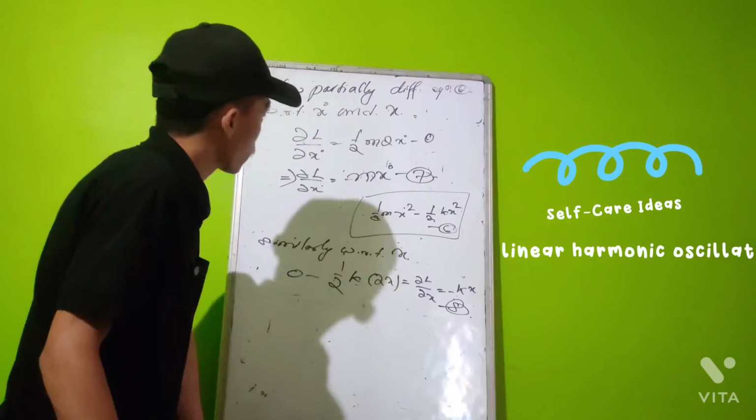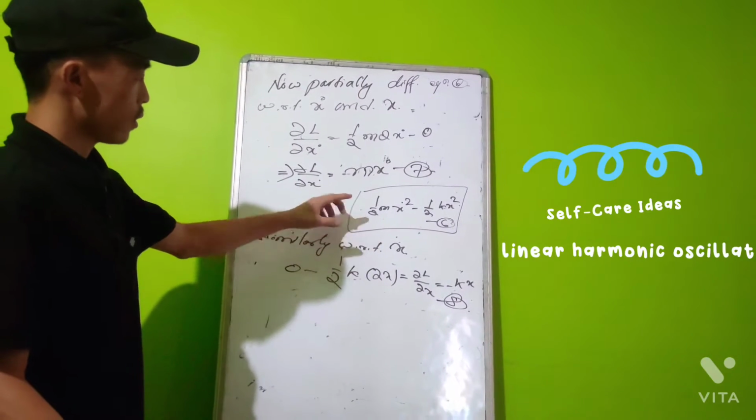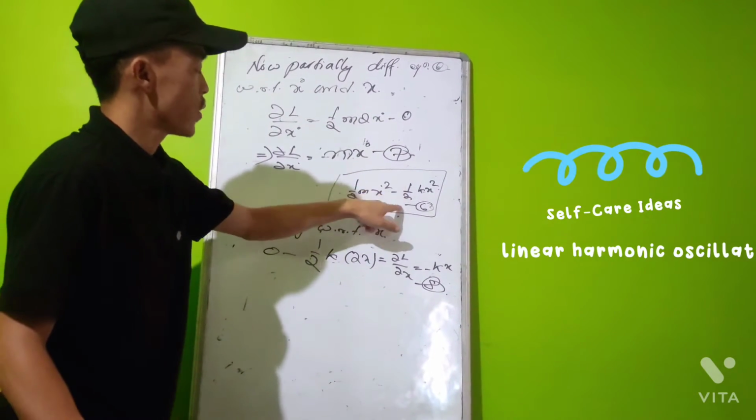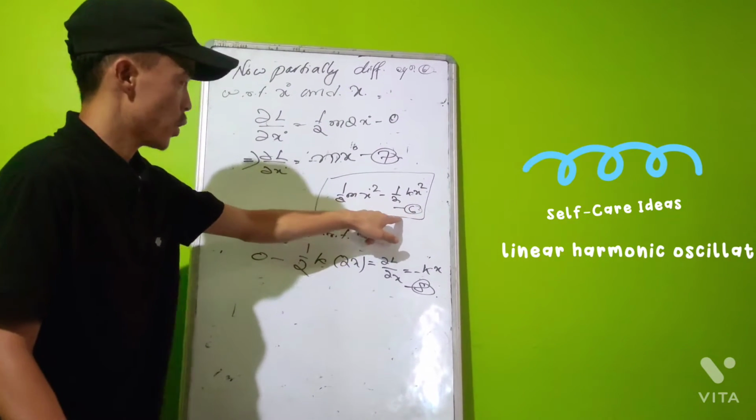In the previous section, 1 by 2 m x dot square minus 1 by 2 kx square was our equation 6.